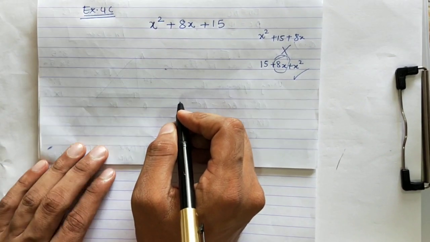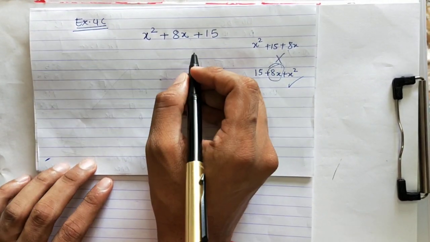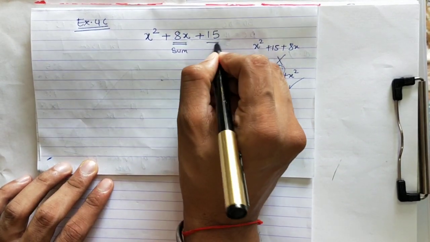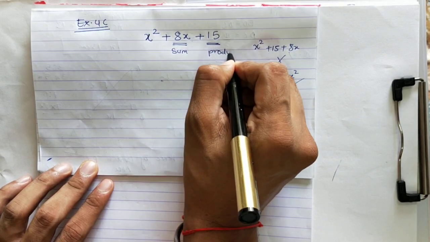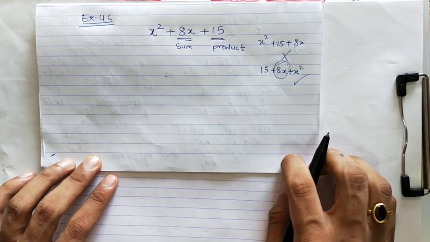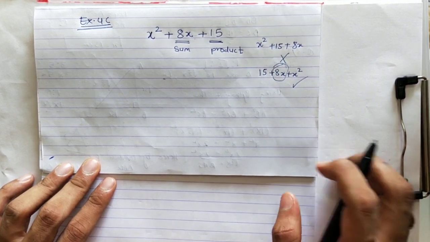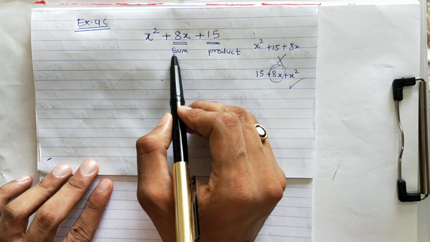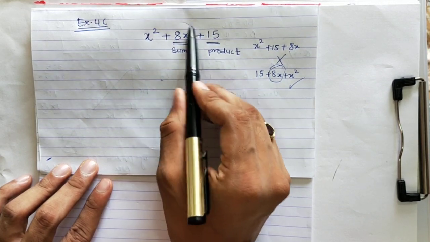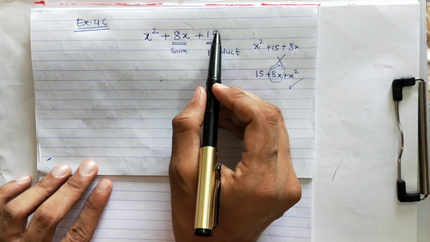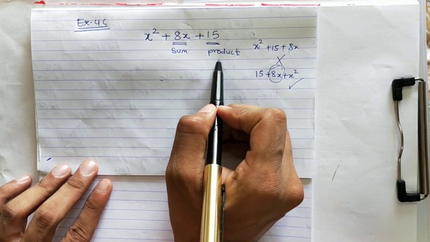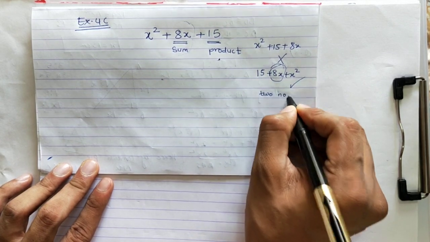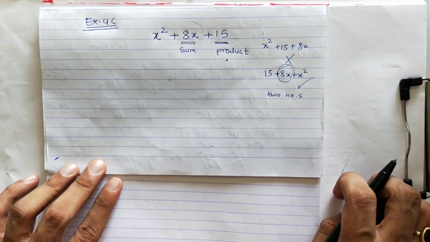Now how to solve this? Here you have to understand, the number which is in the middle should be the sum, and the number which you have here should be the product of two numbers which you will guess, which you will think of.